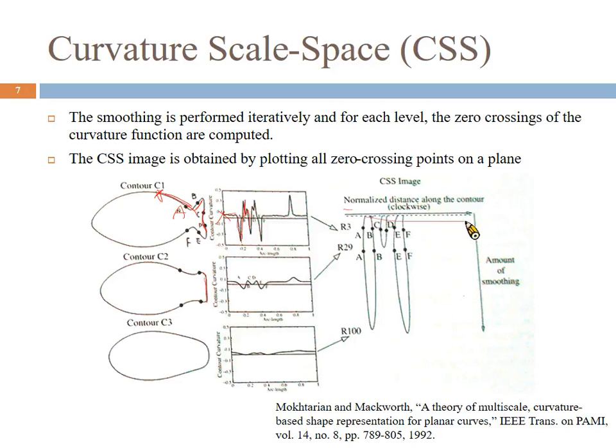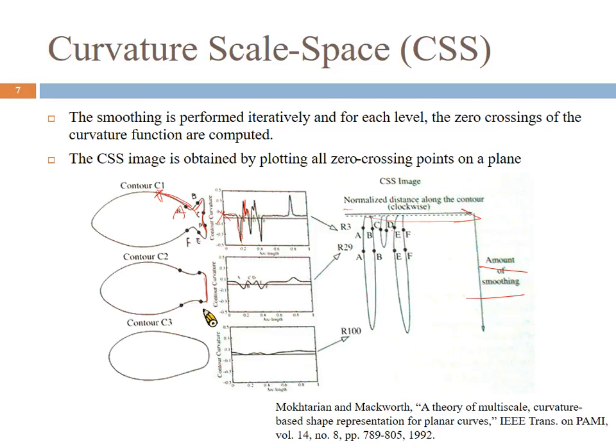Here, the x-axis means the position on the contour. The y-axis means the amount of smoothing. In the original image, at points A, B, C, D, E, and F, we have the transition of curvature from positive to negative or negative to positive.